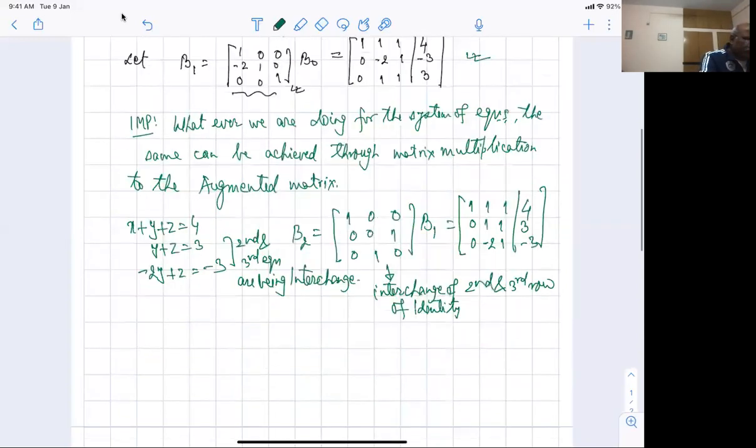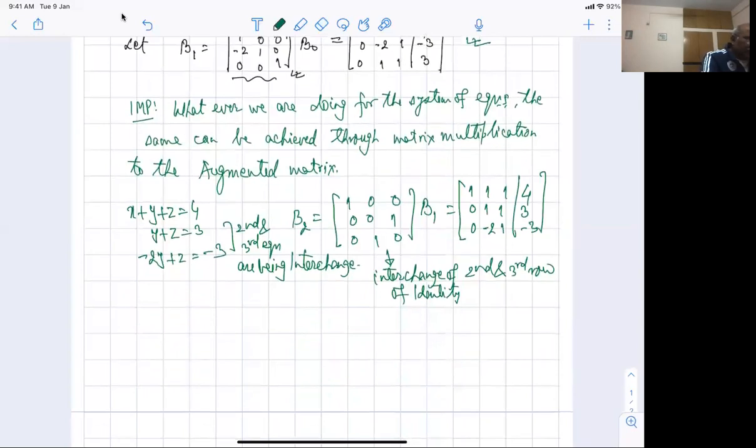All right. The next stage, I can use third equation plus 2 times second equation. So I have to look at the third row being replaced. I'm not doing anything to the first and second.